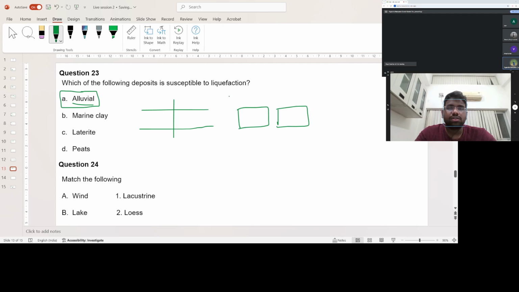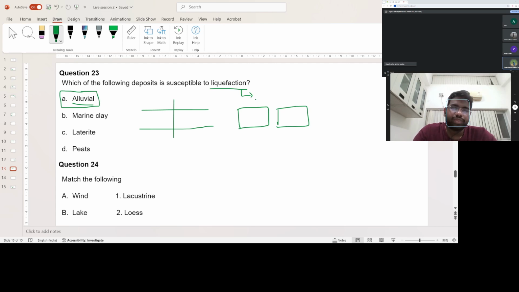So liquefaction, for the people who are not familiar, I will give you a broad idea of what it is. In layman's terms, soil behaves as a liquid, so it does not have any strength. If you place your leg, you will not be able to stand.